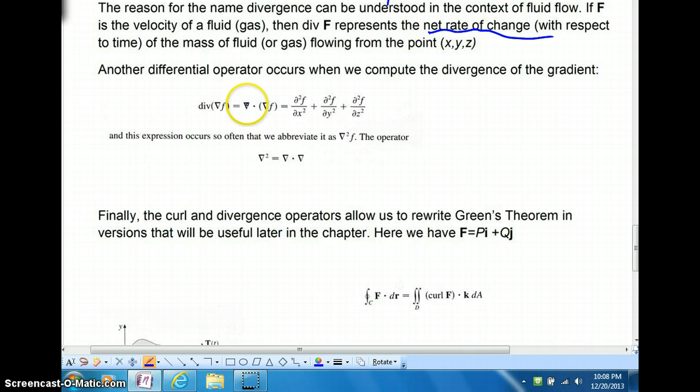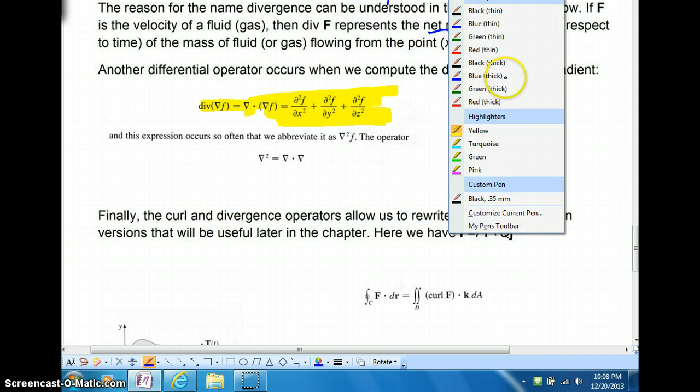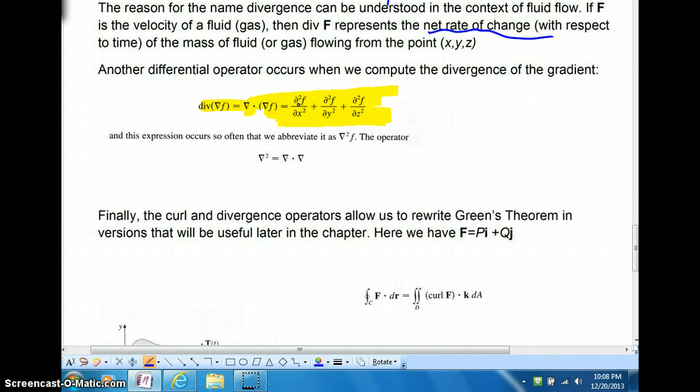Well, if we were to apply del via the dot product to the gradient of f, very quickly I think it becomes pretty evident that we'd wind up just with a second derivative of f with respect to each of the three variables. Second partial derivative of f with respect to x, plus second derivative of f with respect to y, plus the second derivative of f with respect to z.